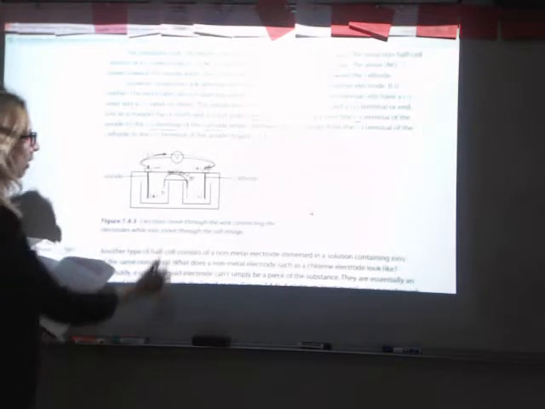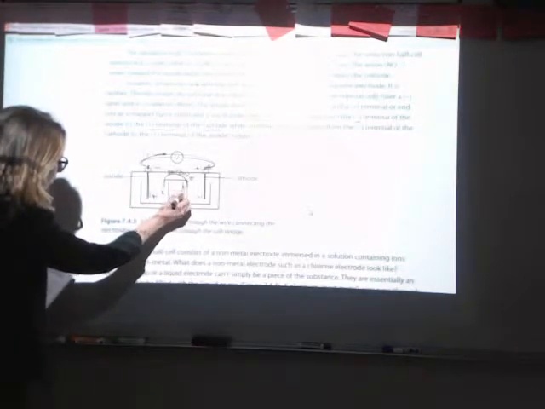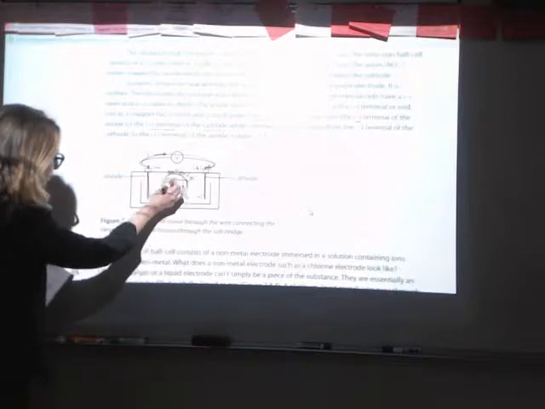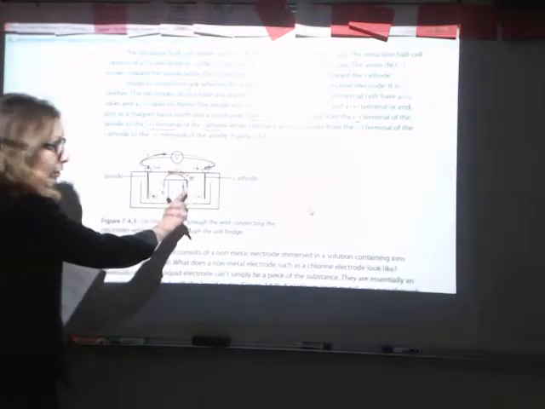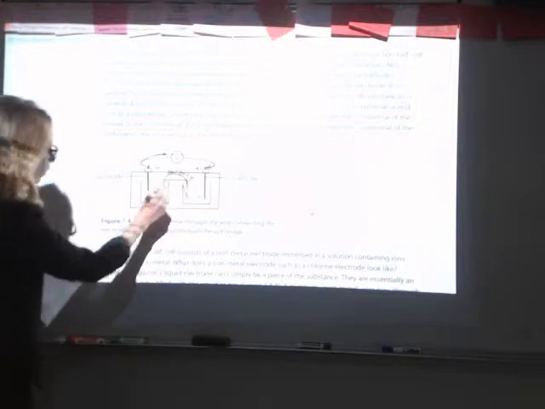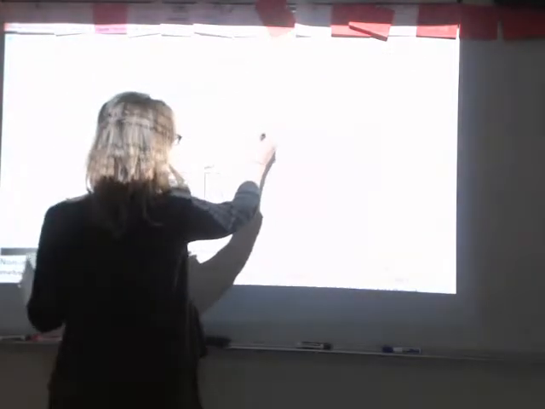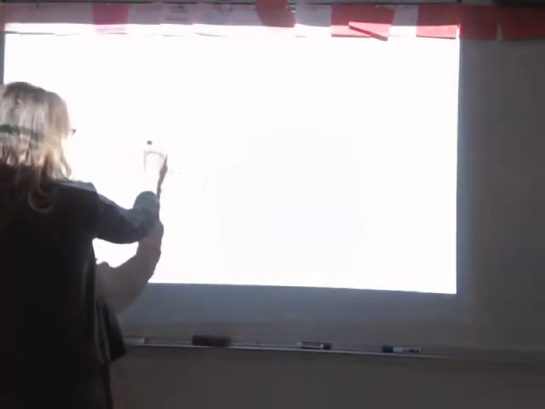Since this is a positive end, anions are going to move through this salt bridge towards this positive end of the anode. So internally, the anions go from the negative end of the cathode to the positive end of the anode.